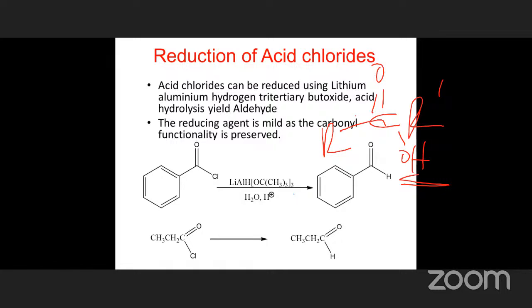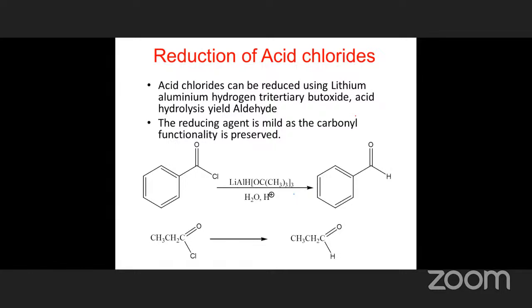But here, it suffices to know that instead of the OH, if you have a halogen there, here represented as Cl, chlorine, this will be the general formula for acid chlorides. You get more information about that in the subsequent class. What we are taking away from here is that if you take those acid chlorides and subject them to a reduction protocol, you are going to get a carbonyl.